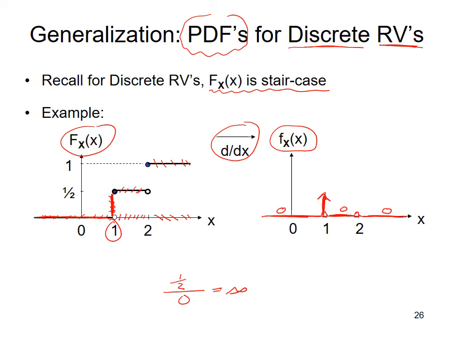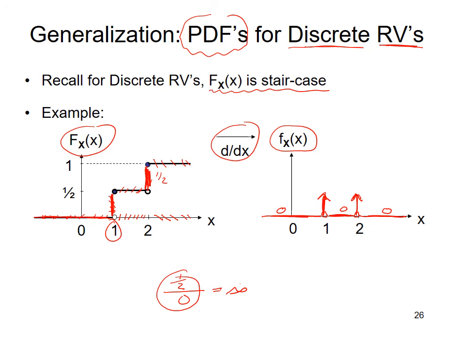Similarly, at 2, notice the size of this jump is 1/2. Again, 1/2 divided by 0, rise over run would be infinity, or the slope of the tangent drawn to this curve. It's an infinite slope, so that means we need infinite amplitude at 2.